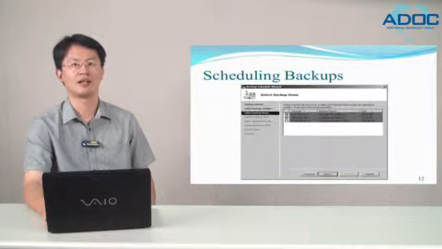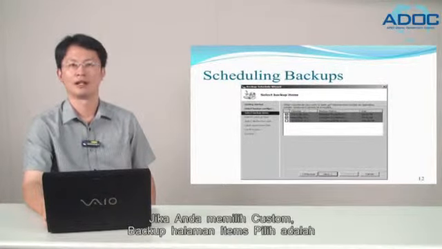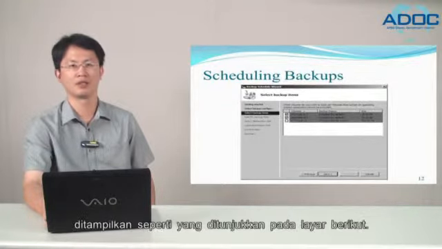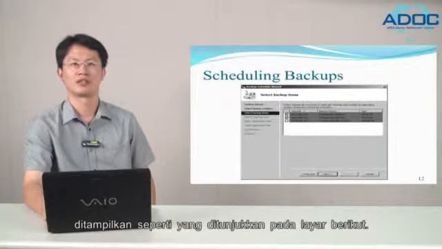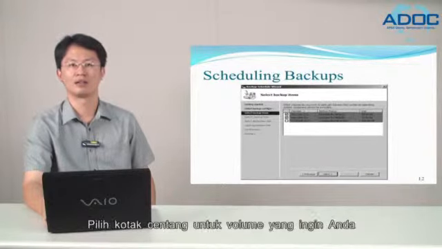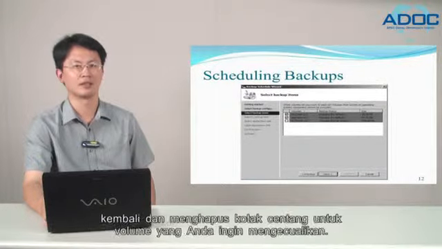If you selected Custom, the Select Backup Items page is displayed as shown in the following screens. Select the checkboxes for the volumes that you want to back up and clear the checkboxes for the volumes that you want to exclude.